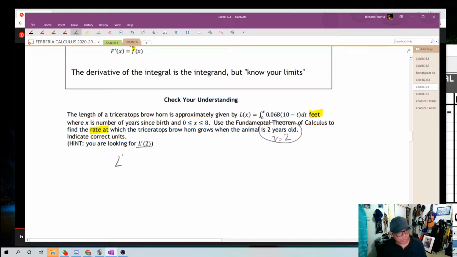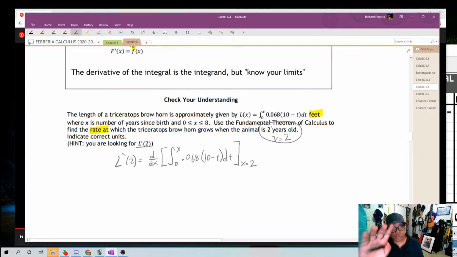So L prime of 2 is going to be the derivative with respect to x of the integral from 0 to x of 0.068 times (10 minus t) dt, and we're going to evaluate that when x equals 2. So always take the derivative first and then substitute. Never in the opposite order. Always substitute after you take the derivative.